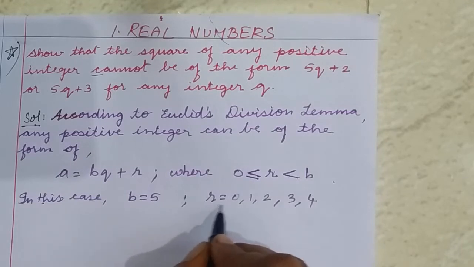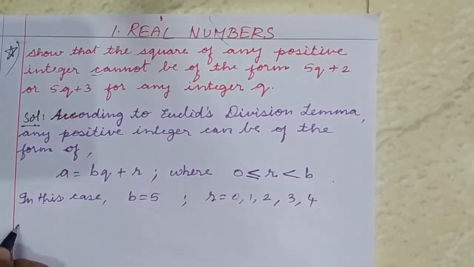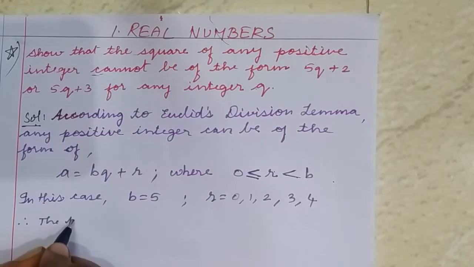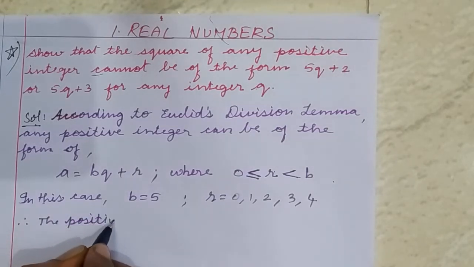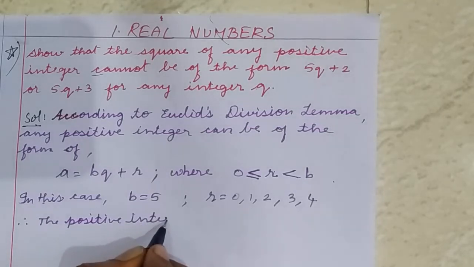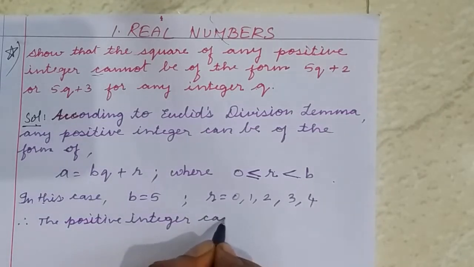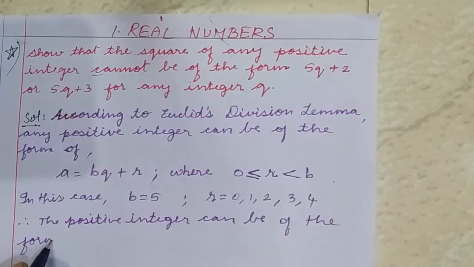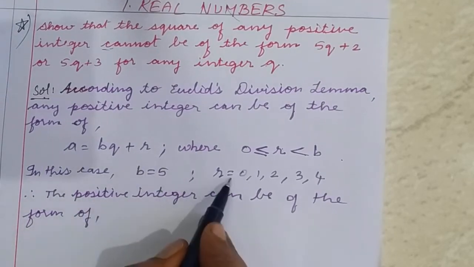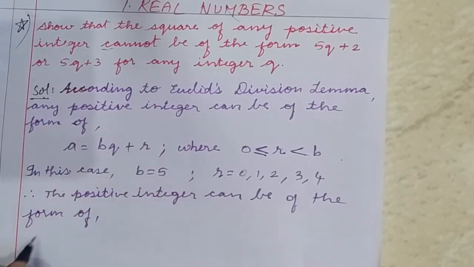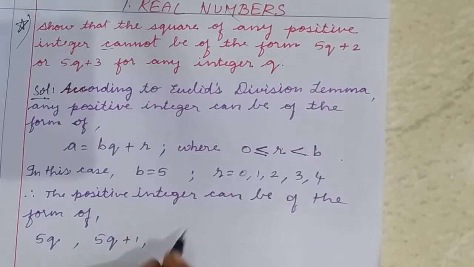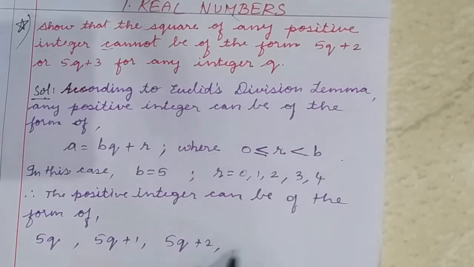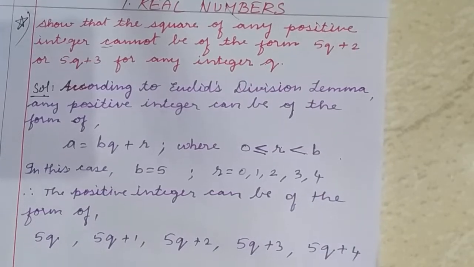Therefore, the positive integer can be of the form, by applying the values of the remainder to this equation, 5q, 5q plus 1, 5q plus 2, 5q plus 3 and 5q plus 4.